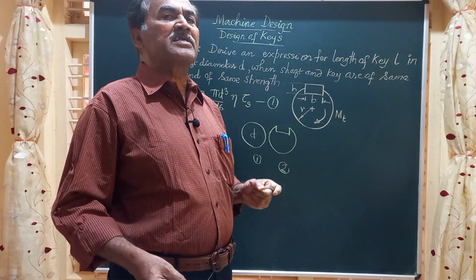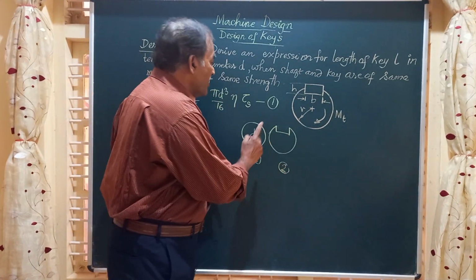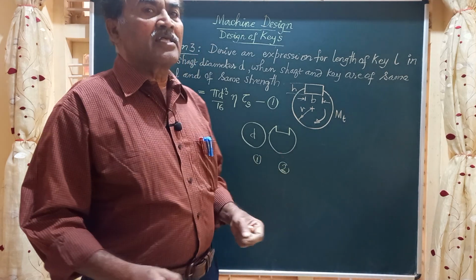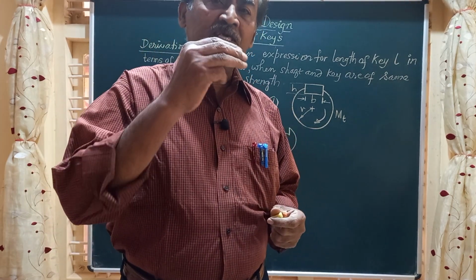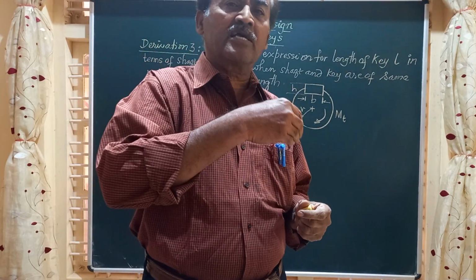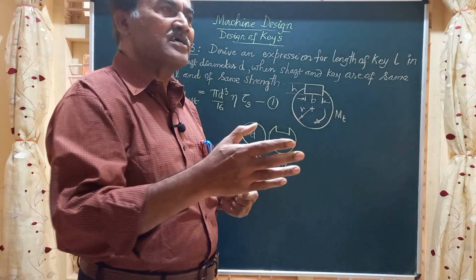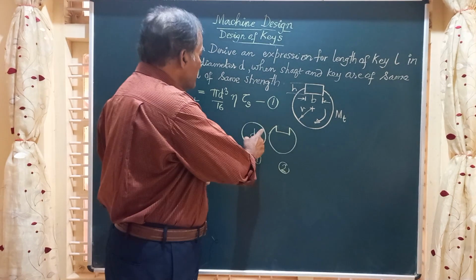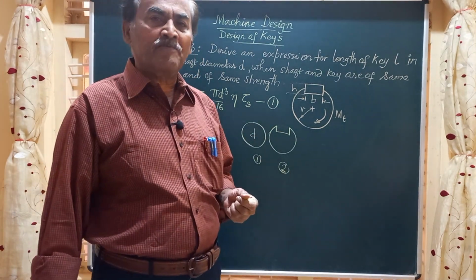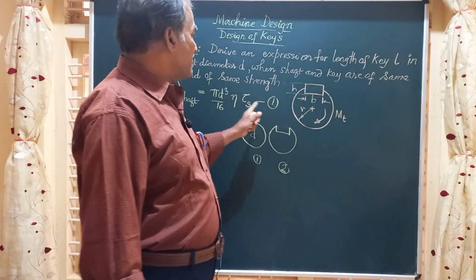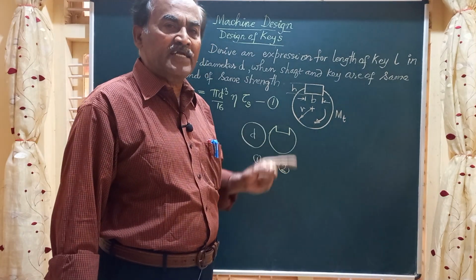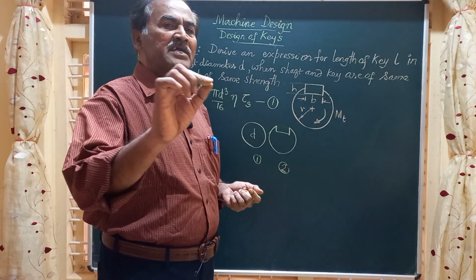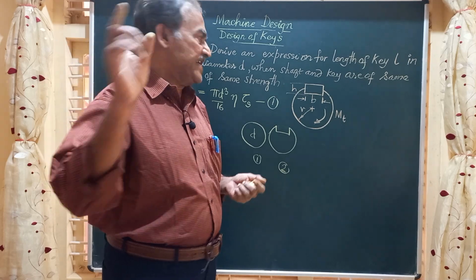Generally it is assumed the torque transmitted by the shaft with the groove or key slot is around 25% lesser than that of the torque transmitted by the shaft. That is to say, this keyway factor eta is taken as 0.75 to 0.8.